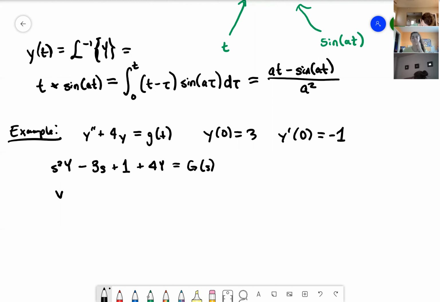Now, solving for this, we get Y of s is equal to, we can split this up into two pieces: 3s minus 1 over s squared plus 4, plus G of s over s squared plus 4.